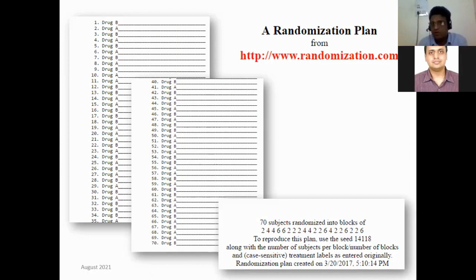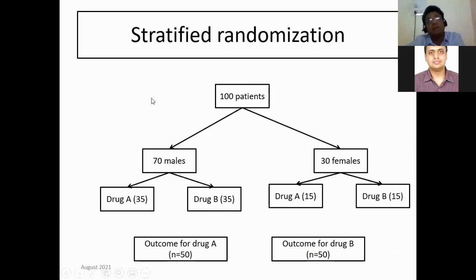If I do it myself, I know that the first patient will receive treatment B, the second is treatment A. That means I am already biased, as I know what plan will come. So it is better that this randomization is done by your friend who is not involved in the study per se. This is variable size random block randomization, which we very commonly use.